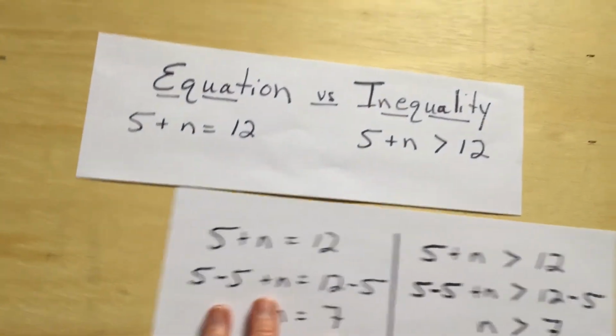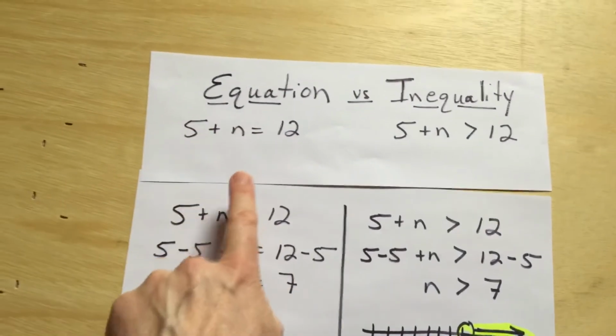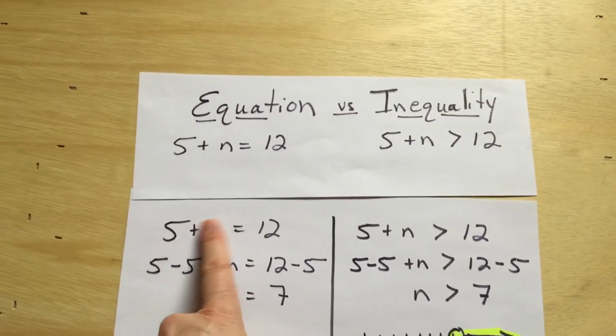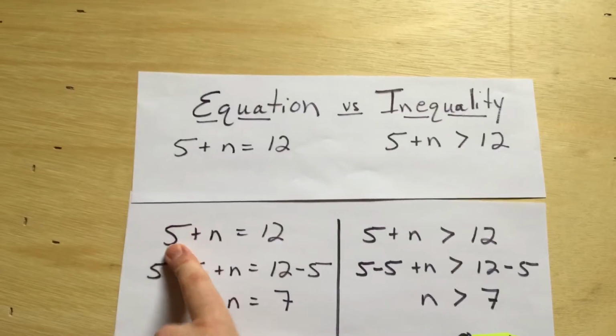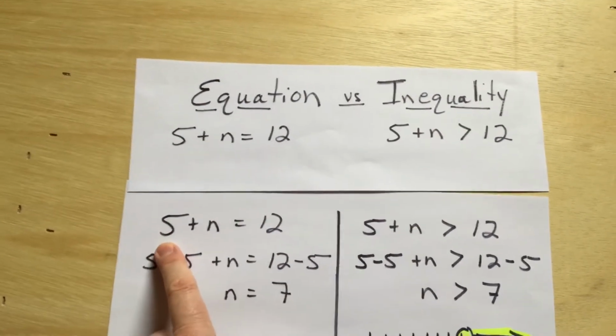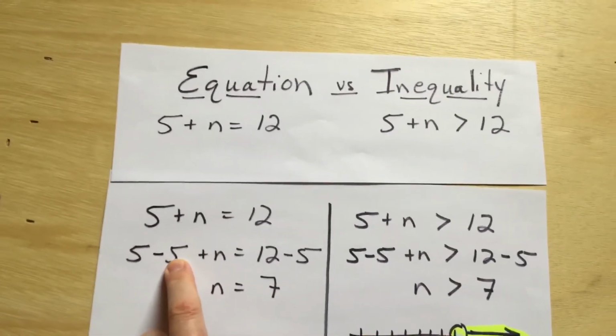First, we're going to take a look at the difference between these two. In our equation, we would solve for n. So we need to isolate the n, and we need to get rid of the 5, but whatever we do to this side, we have to do to the right side. So to get rid of the 5, we add a negative 5, or we subtract 5.